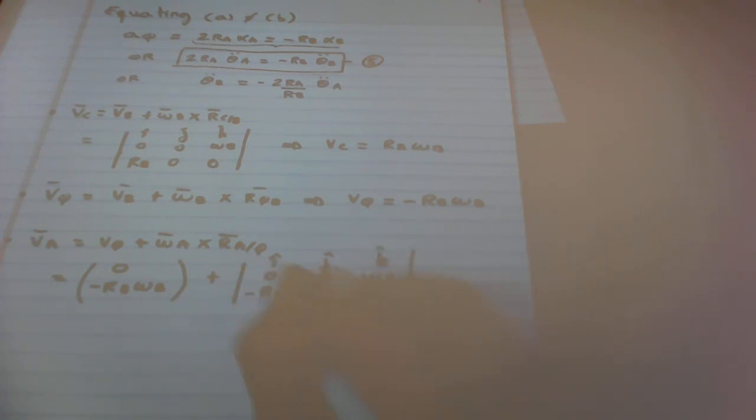Minus RA, 0, 0. So this will give us now that VA is equal to minus RB omega sub B minus R sub A omega sub B.